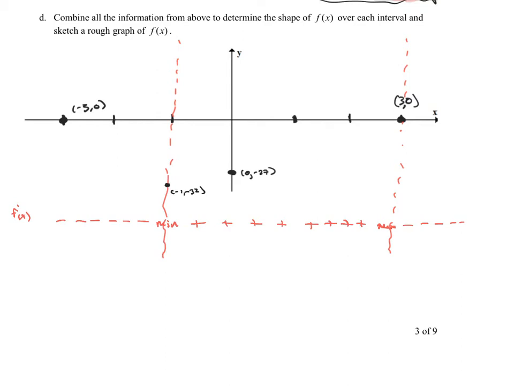Now I'm going to move on to step C, analyzing the second derivative. Let's look at what information we gleaned from the second derivative. Well, where did I break it up on the chart? I broke it up when x equaled 1. So I'm going to put a dotted line at x equals 1. I know that everywhere before x equals 1, my second derivative was positive.